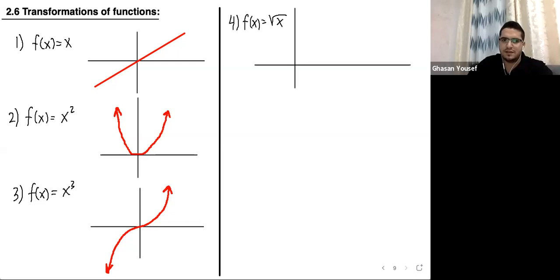I cannot plug any negative numbers inside this function. So the function should be graphed like this. We learned how to graph this function by plotting points. Number 5.